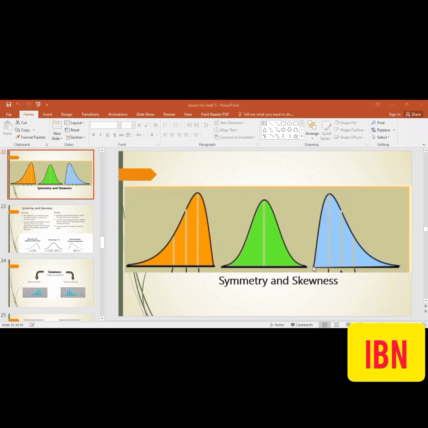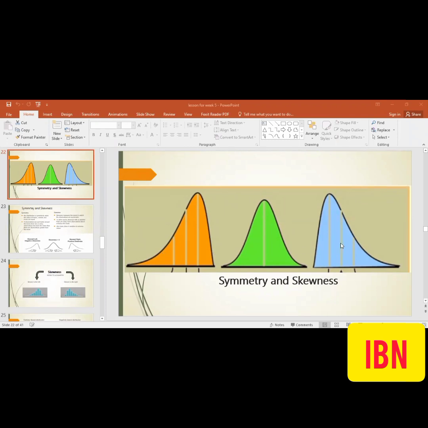Now the two more figures we are seeing over here, the right one and the left one. The right one is called the positively skewed distribution because it has a longer tail on the right side. And here we have a longer tail on the left side. So the blue one is the positively skewed and the left one is called the negatively skewed.